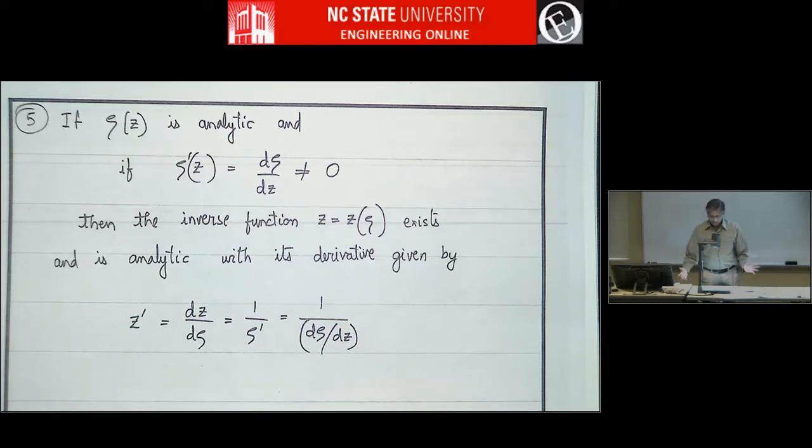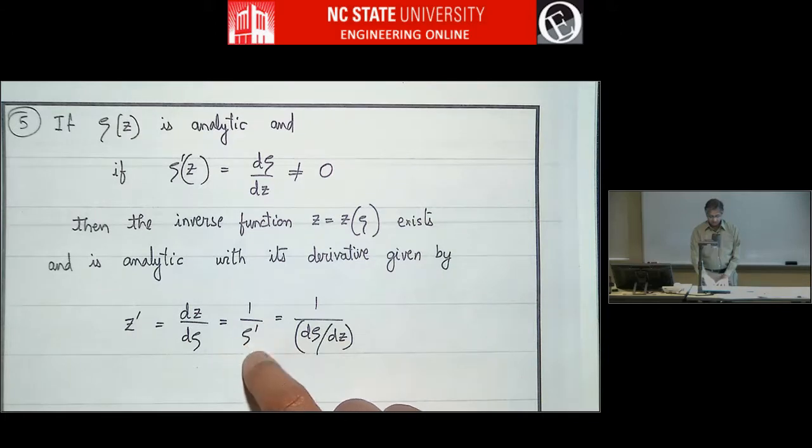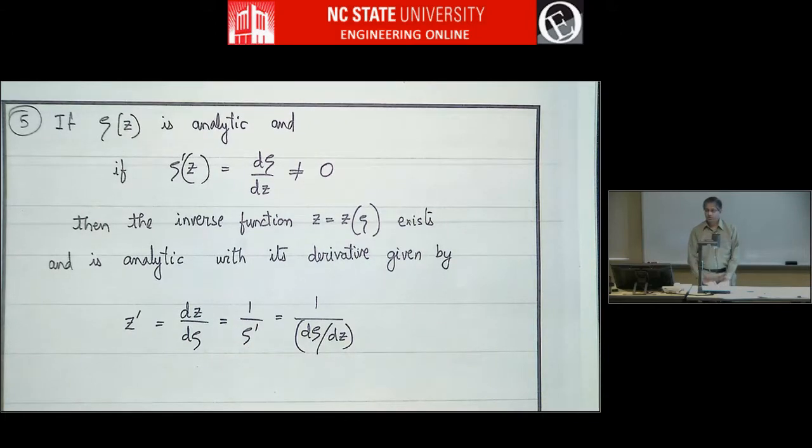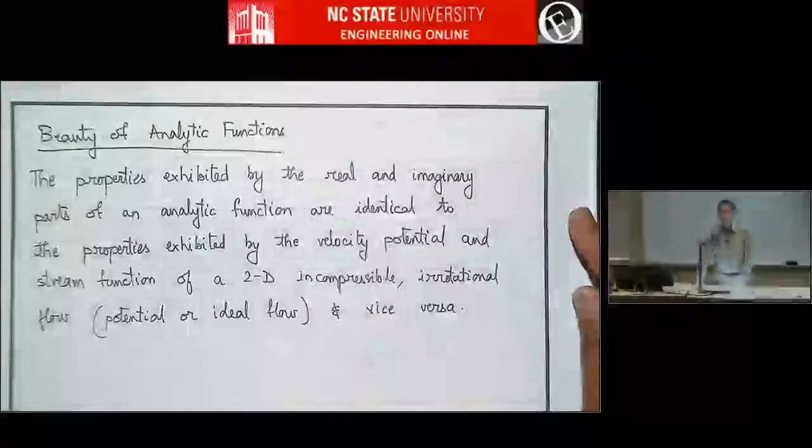This is as long as the derivative zeta prime is not equal to 0. So a lot of these things are actually used when we go to mappings of flows, and this helps us, as we'll see shortly, connect to potential flows.